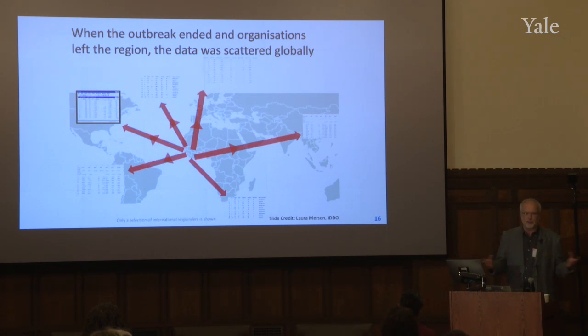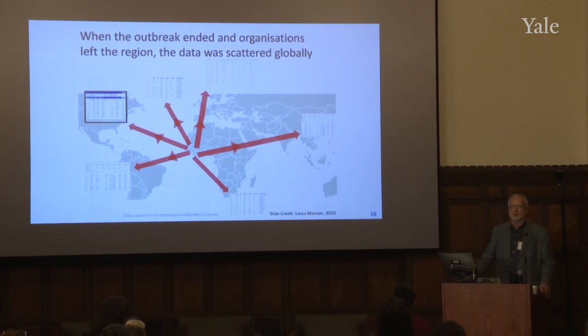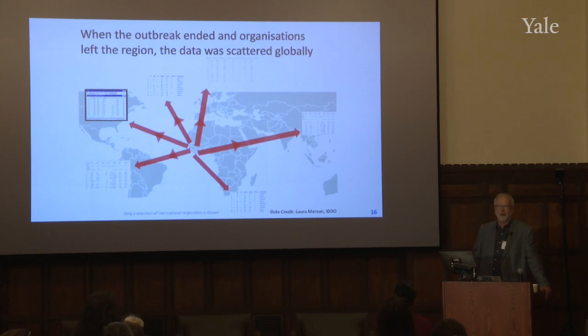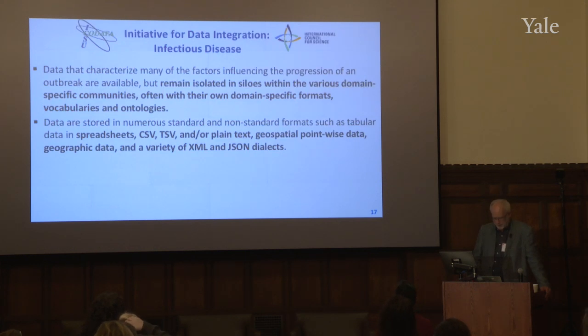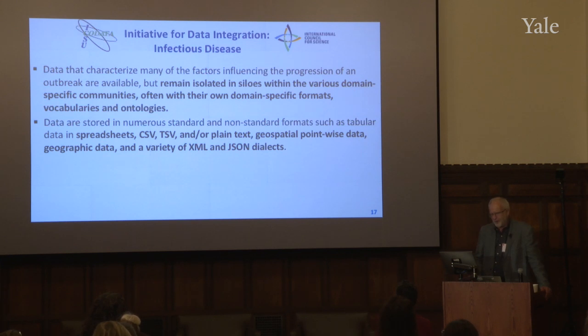Column headings were different, databases were different, some were in proprietary formats, others were in Excel spreadsheets. Almost every imaginable solution that could be employed was employed by these different agencies.